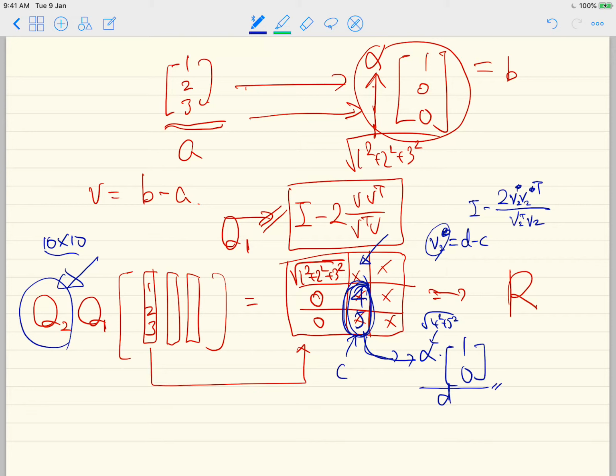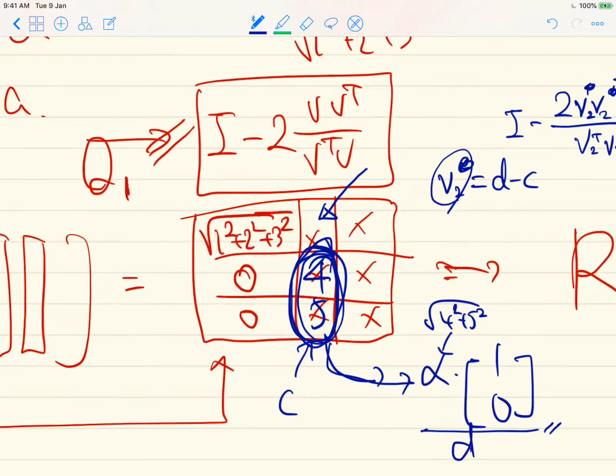So how is it related to QR decomposition? Once we do this iterative upper triangularization, it makes a dense vector into a vector that has a non-zero only at the first dimension.